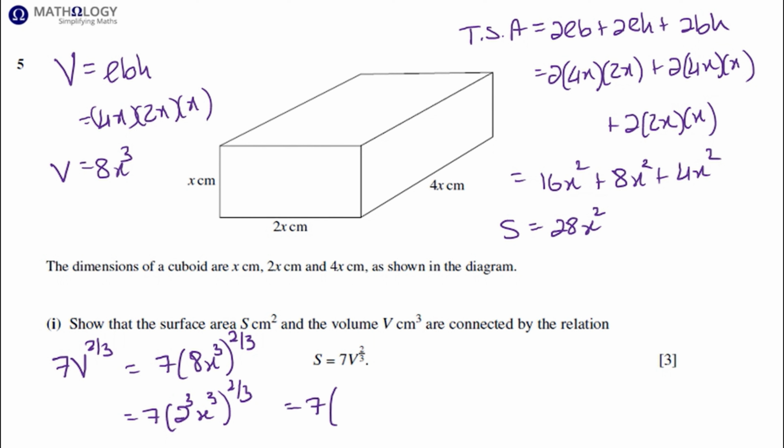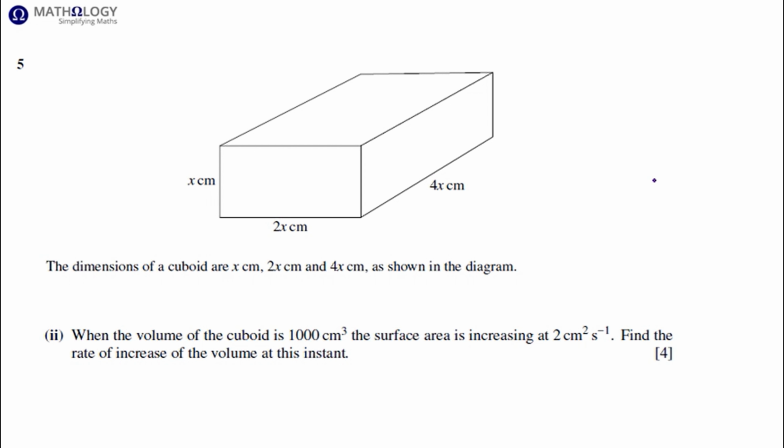So that'll give us 7 times 2 cubed to the 2/3, which is 2 squared, which is 4. And x cubed to the 2/3 will be x squared, and that equals 28x squared, which is your total surface area.